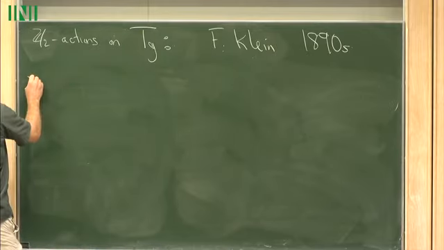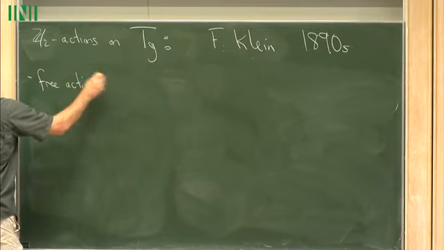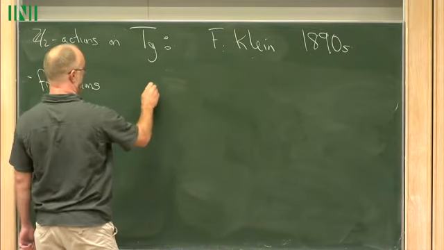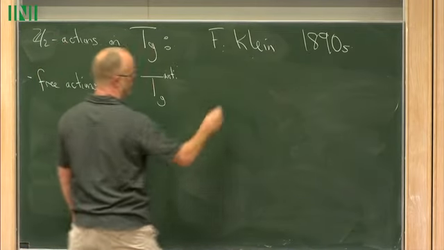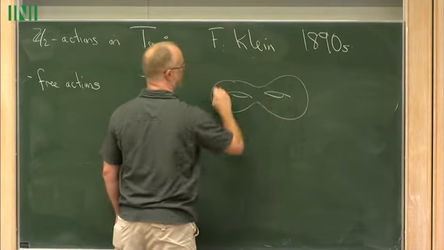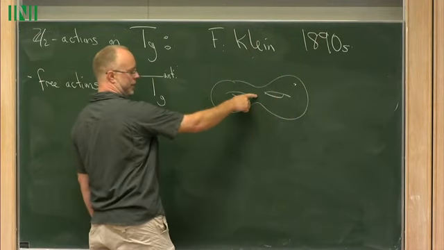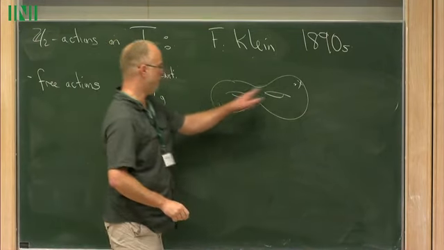So what do you have? You have the free actions, and there are not too many of those. You always have the antipodal action on the torus. Just put it in 3 space in the usual way, and pretend that's the origin at the center, and x is conjugate to sigma of x on the bottom side.